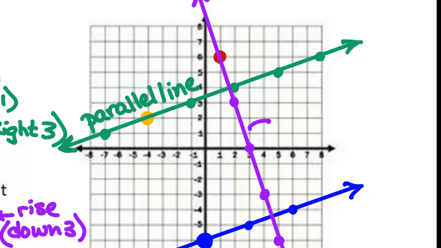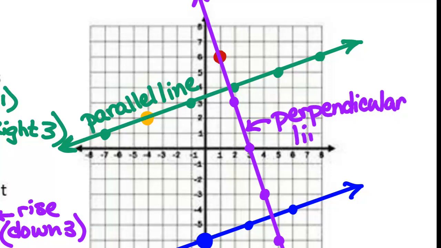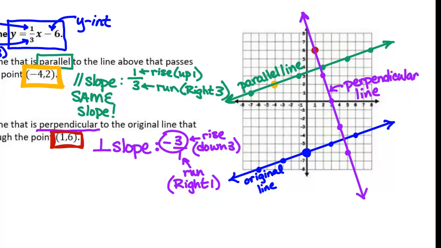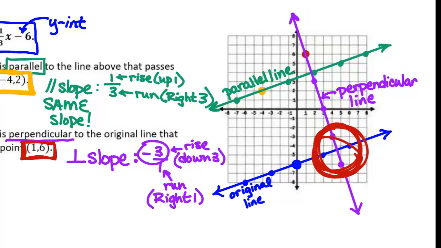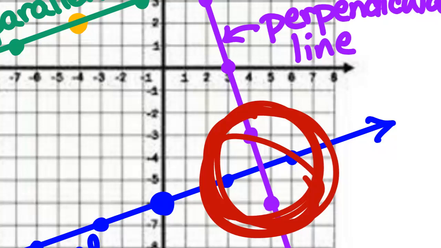So here's our perpendicular line. And when you look really closely right here, where that original line and our perpendicular line are crossing, it should look like a plus sign. It should look like a right angle right there.